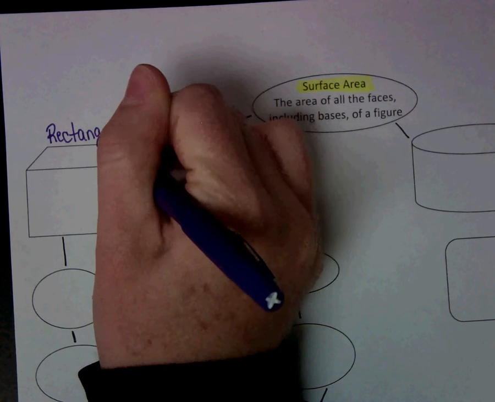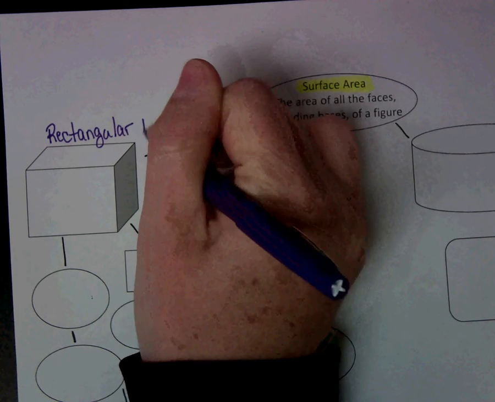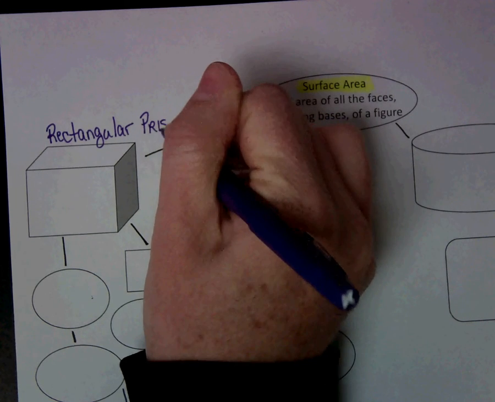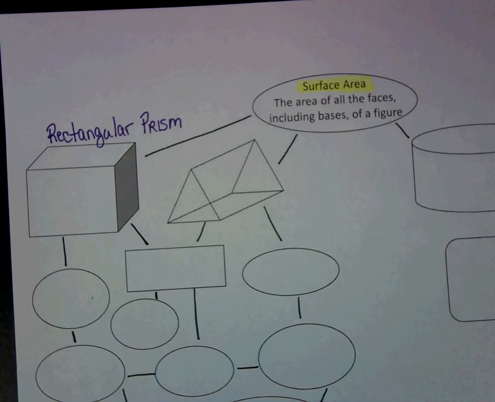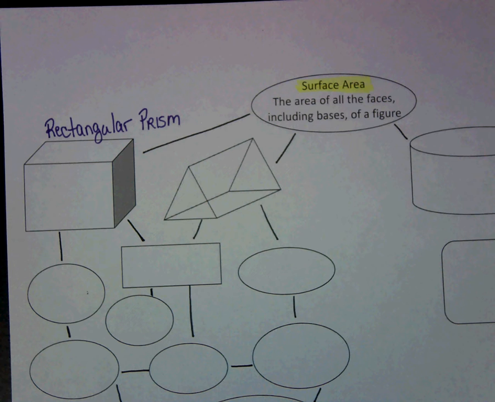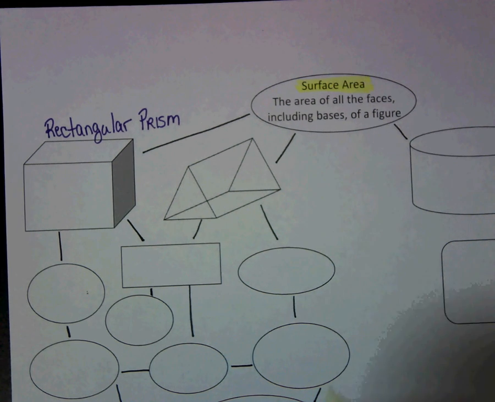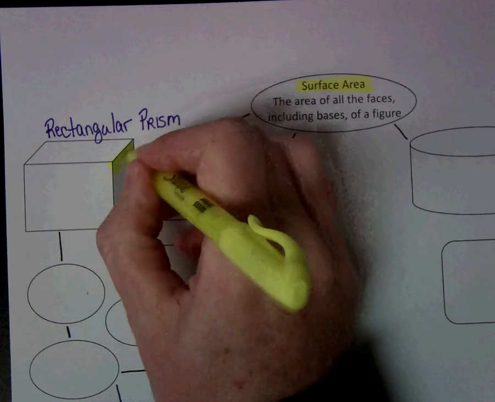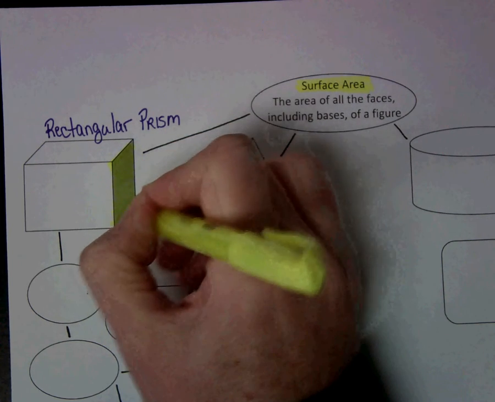Rectangular because its base is a rectangle, and a prism because all its faces are rectangles. Also looking at this, let's go ahead and highlight our base. Technically, unless you're given a real-life object, you could almost call any face of the rectangular prism your base, but we're just going to call this the base.